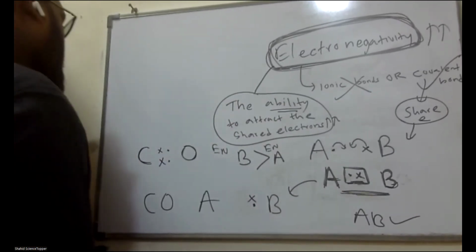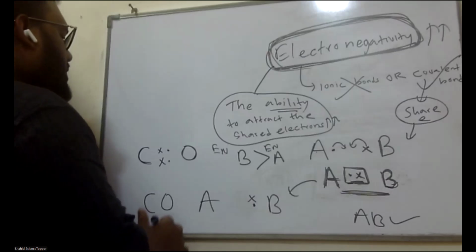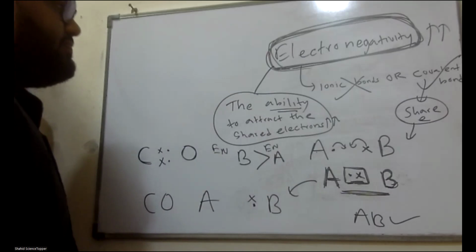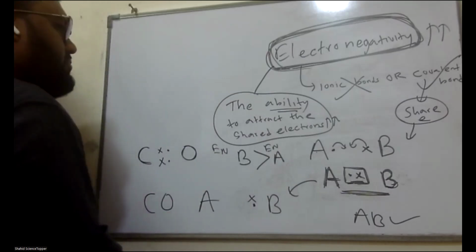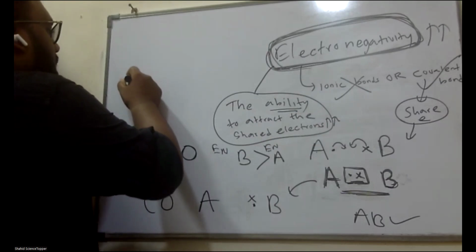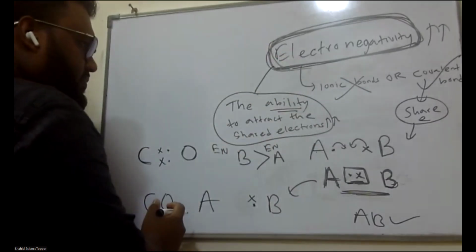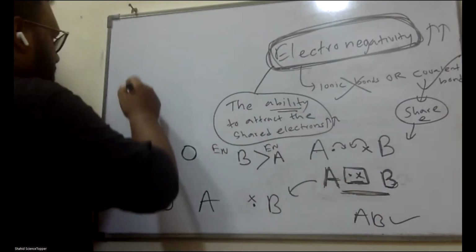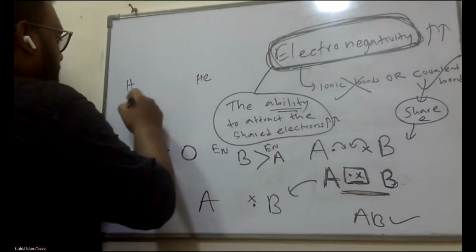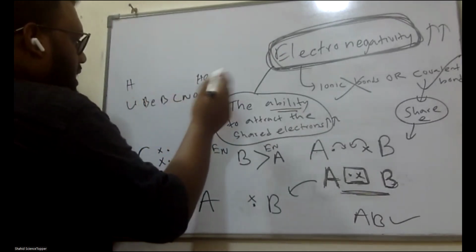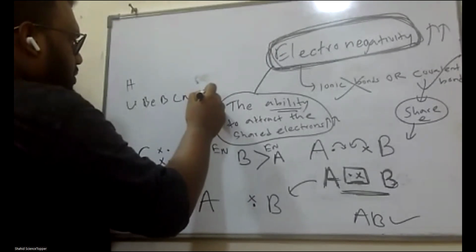Now tell me, by understanding this definition, and you already know how electronegativity behaves in the periodic table. Hydrogen, helium, lithium, beryllium, boron, carbon, nitrogen, oxygen, fluorine, neon.